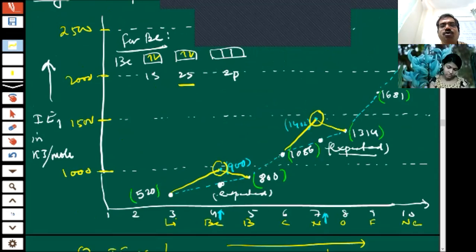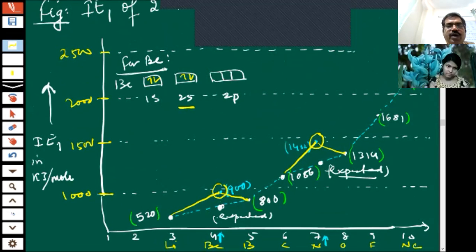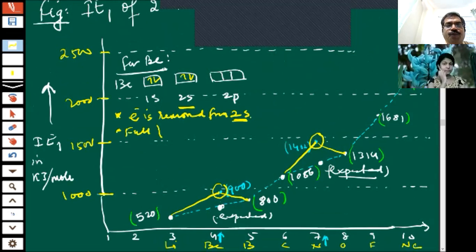So it is difficult to remove an electron from 2s. So we can say that the electron is removed from the 2s orbital, and that also 2s is fulfilled. So fulfilled stability is also working.